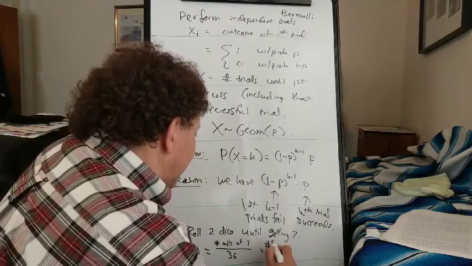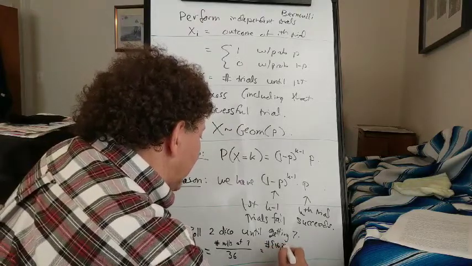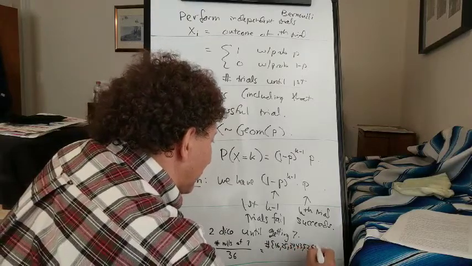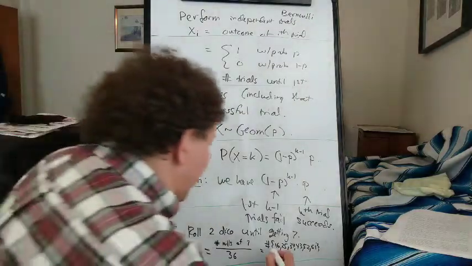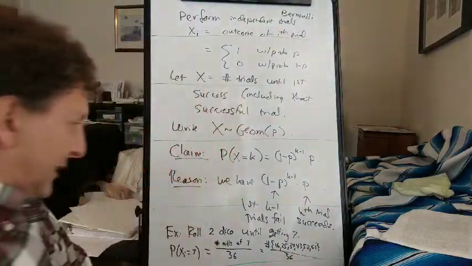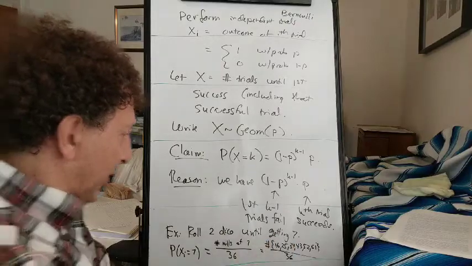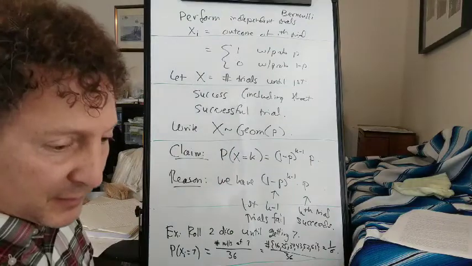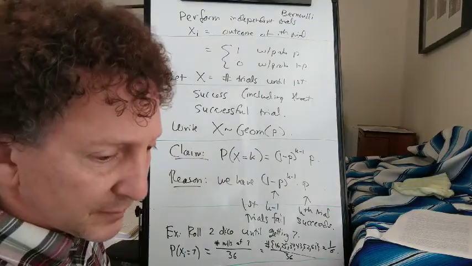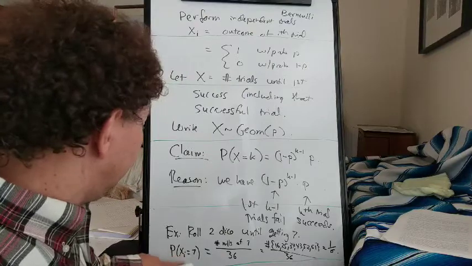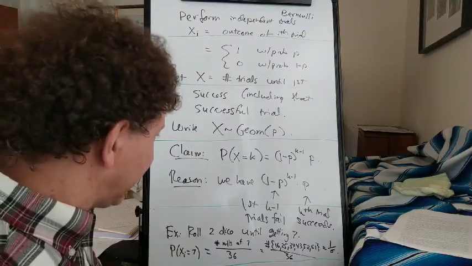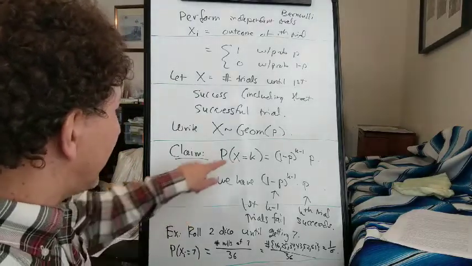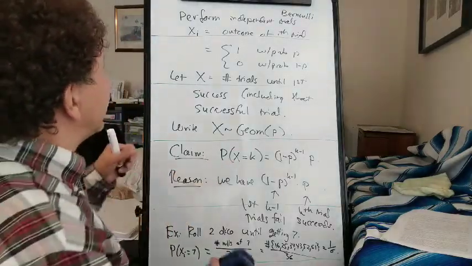We could get 1 and 6, or 2 and 5, or 3 and 4, 4 and 3, 5 and 2, 6 and 1, over 36. So that's 6 options over 36, so 1 over 6 is the probability of success here.